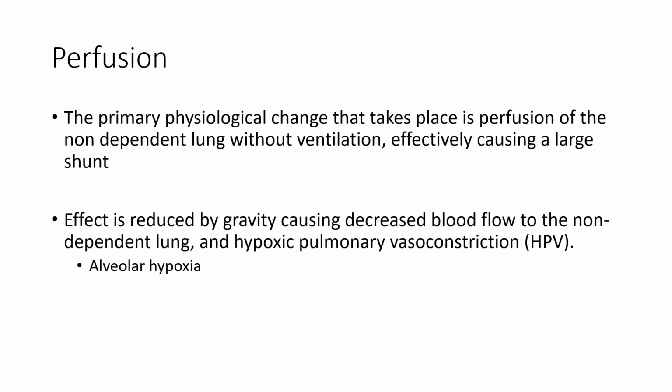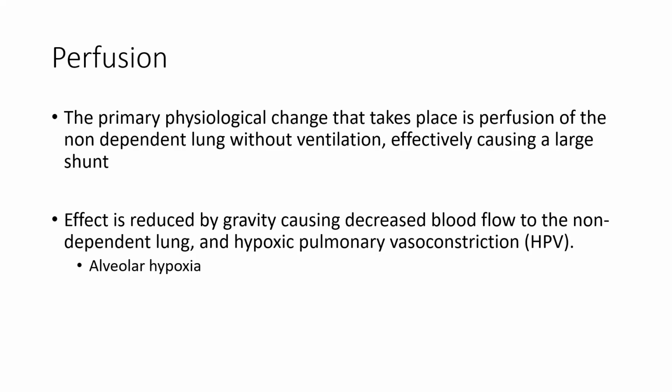However, the shunt is minimized by a phenomenon called hypoxic pulmonary vasoconstriction, in which the blood flow to a hypoxic alveolus is reduced due to vasoconstriction. This HPV is triggered by alveolar hypoxia.